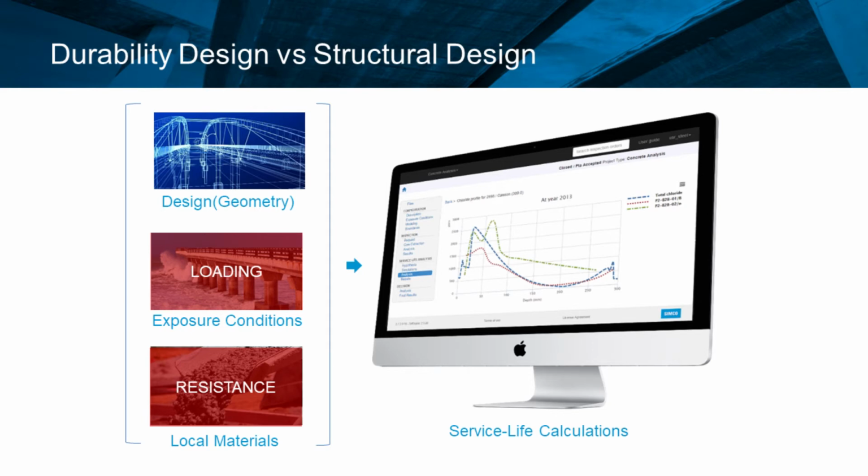In terms of durability, it's about the same thing. So we have a geometry. Either it's a constraint on an existing structure, or we can design it for a new structure. So in that case, it would be, for example, the location, the cover depth, any areas where water accumulates. So this is the geometry. We need to work with that.